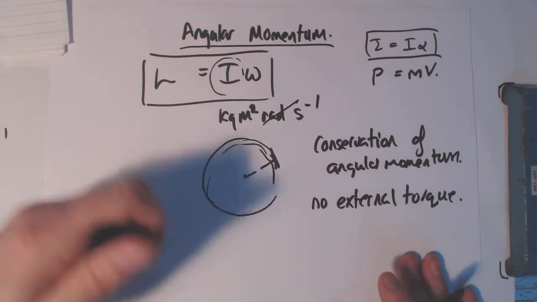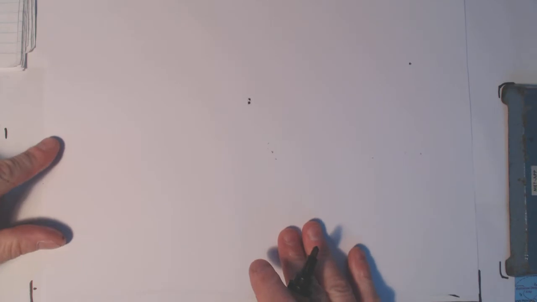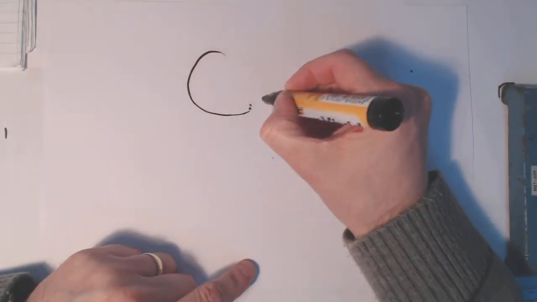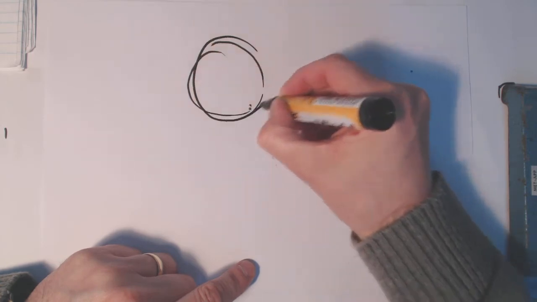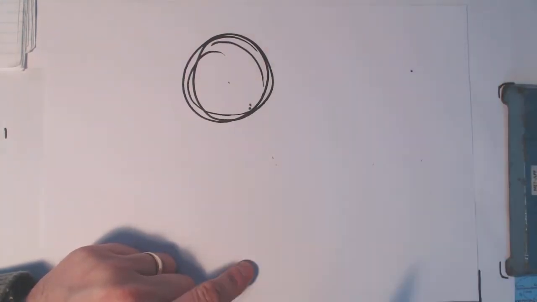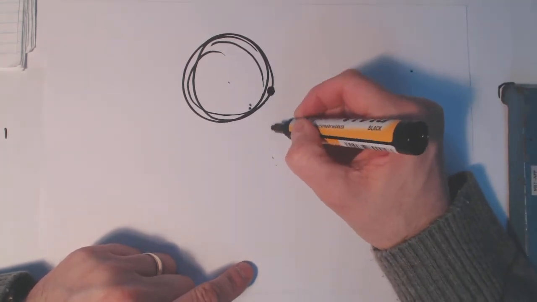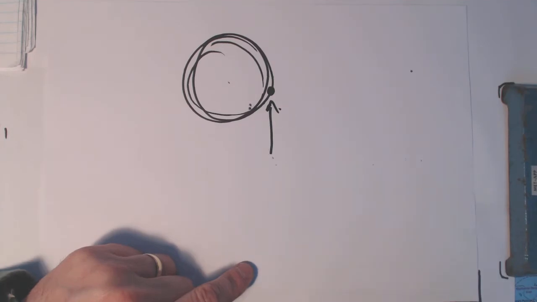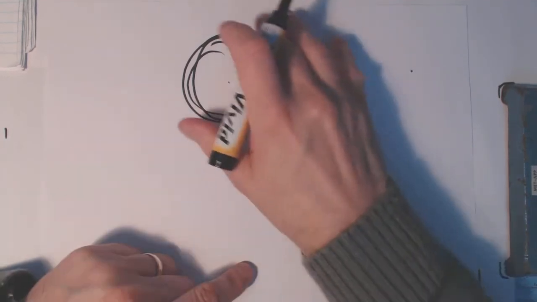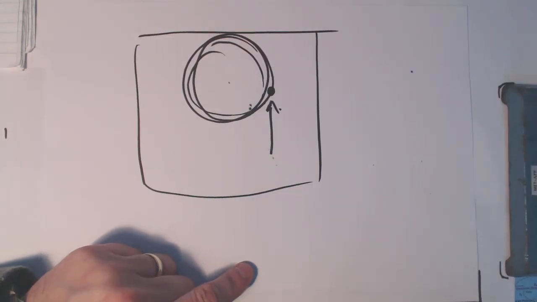Now that's the sort of situation where you've got two objects, right? You've got this round object, maybe it's rotating, maybe it's not, maybe it's just sitting there, a disk, and we get another object come along and hit it. Now these two objects as a system, we can say there's no external force.